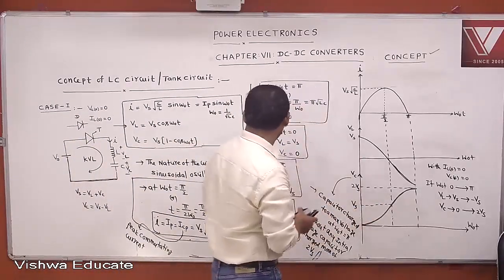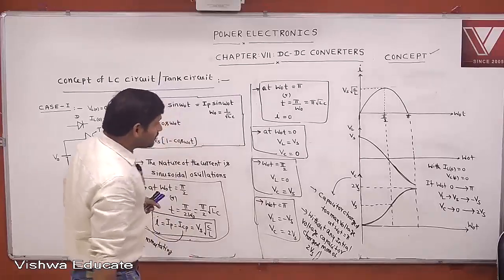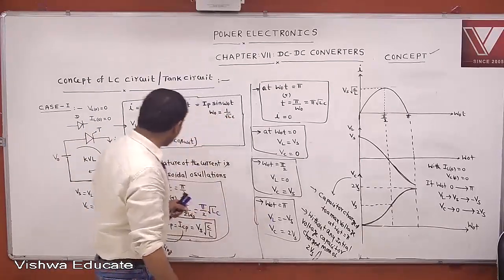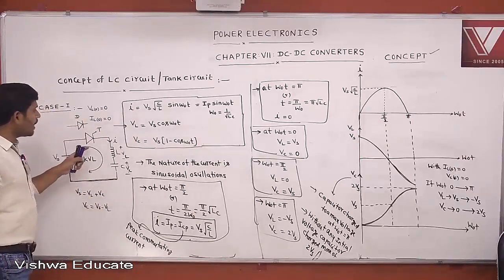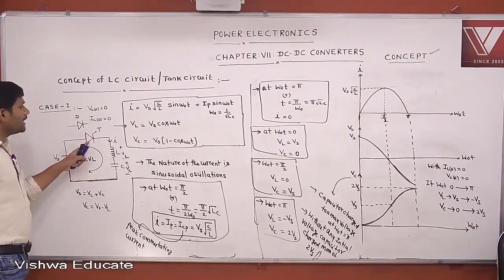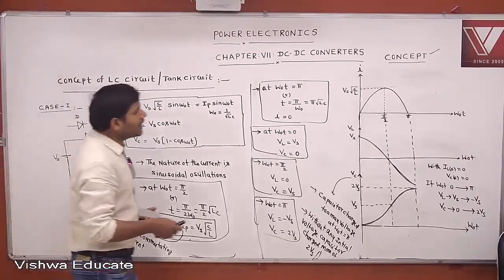Can you tell me, if the capacitor is fully charged, at that condition, at steady state condition, the voltage across the thyristor equals how much?